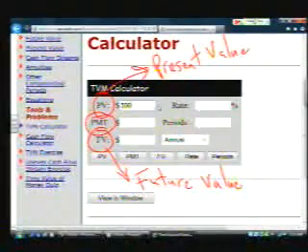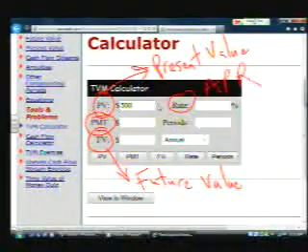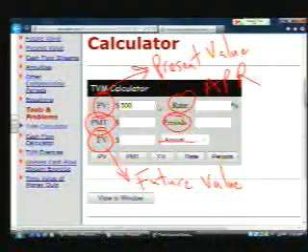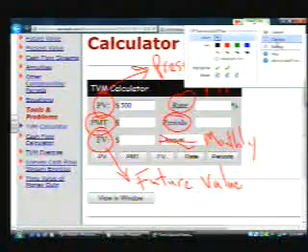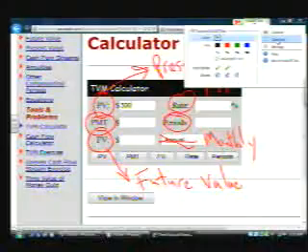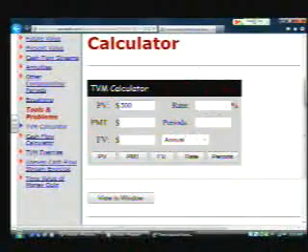PMT stands for payment. The rate is the APR, that's what you stick right in there. The periods will be the number of months. You'll hit the drop-down box and pick monthly. All right, well, we're ready to calculate the payment here. Well, we're almost ready, not quite. We've got to fill out some more information. Okay, well, let's pretend. What kind of an APR do you want to plug into here, Rachel?